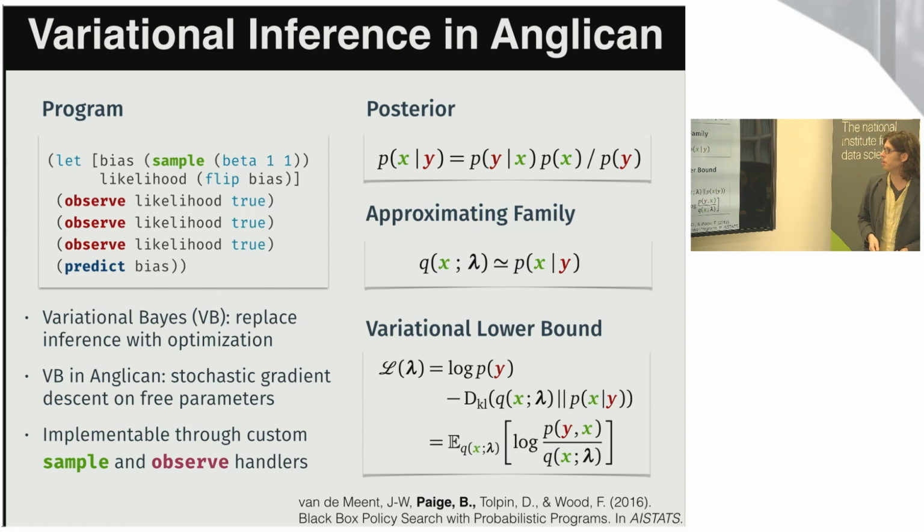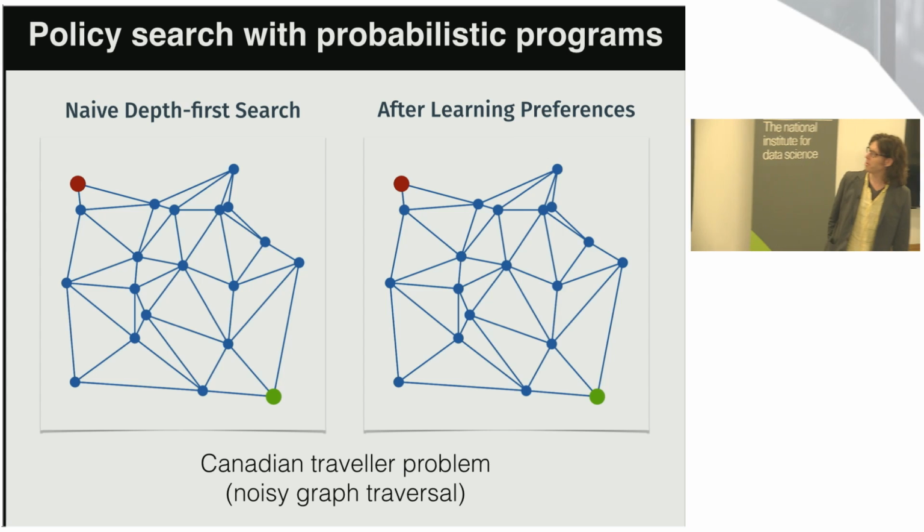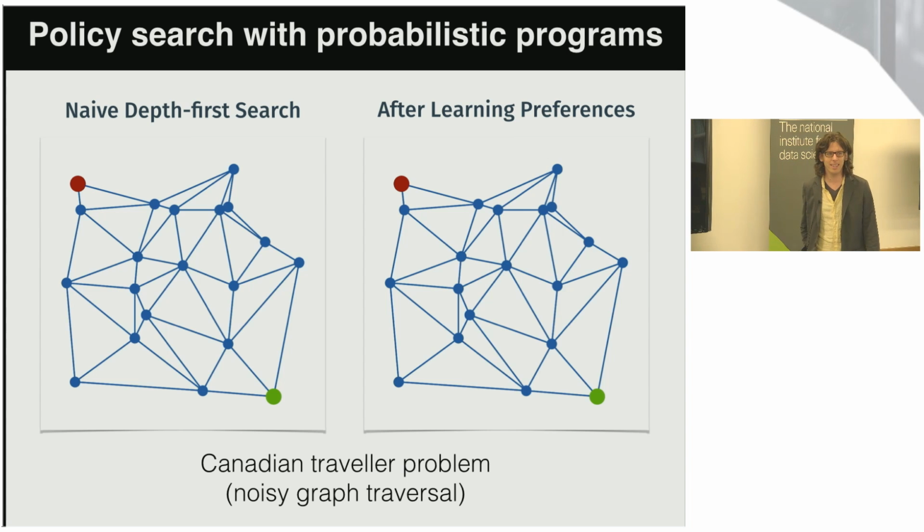And so an example of us using this for something sort of fun is using probabilistic programs as agents for traversing a graph. So the Canadian traveler problem is this noisy graph traversal type problem. So you start at the green dot and you go to the red dot, and here's the map. It looks like this, and you travel along these things.